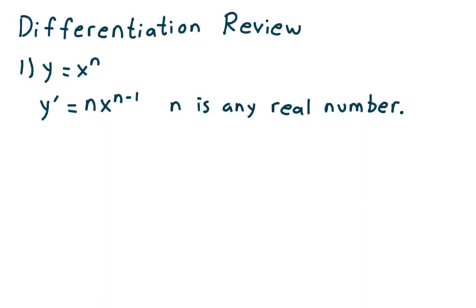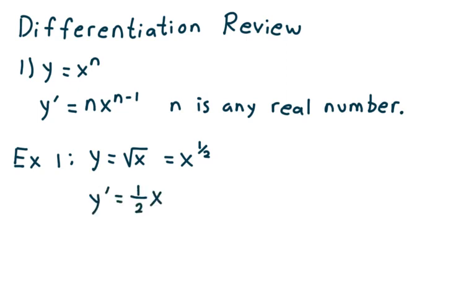Now, I want to give you some examples of this that come up a lot. Suppose y equals the square root of x. But remember that square root of x is equal to x to the 1/2. So y prime is 1/2 x to the negative 1/2 power.